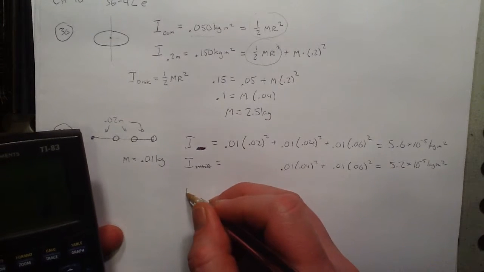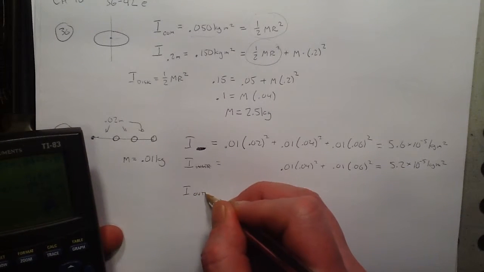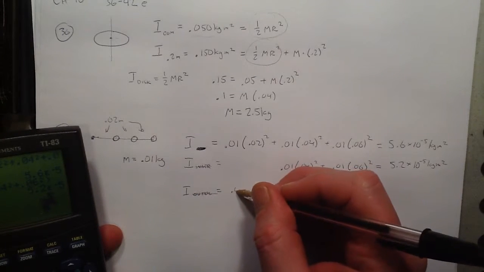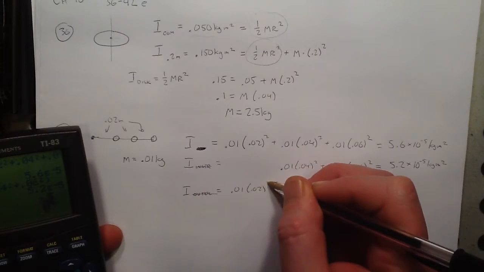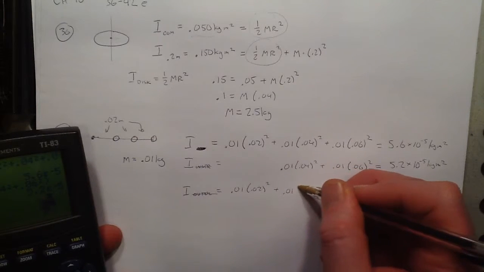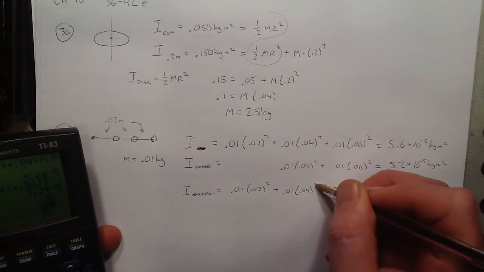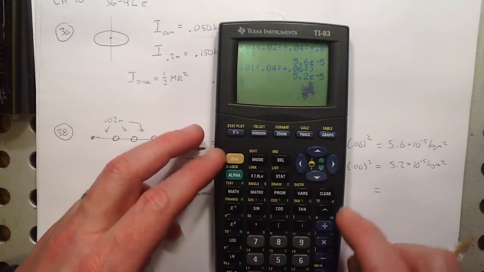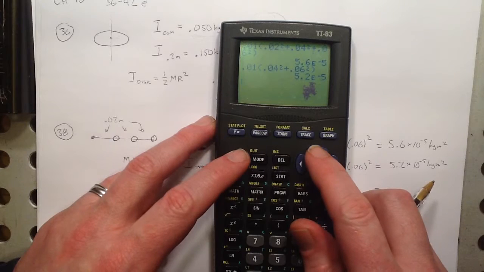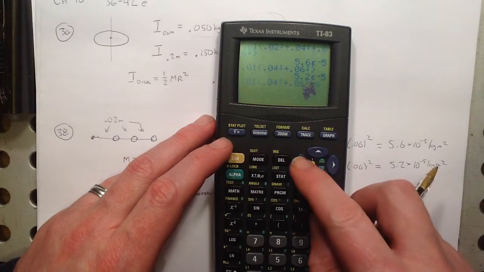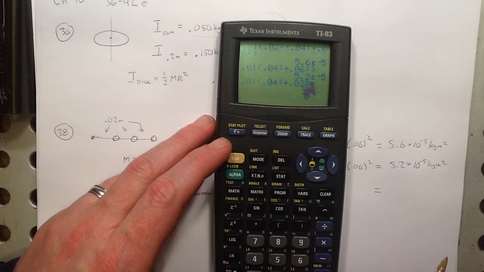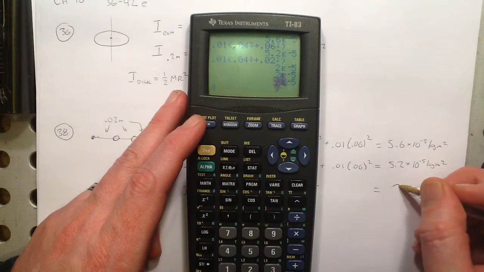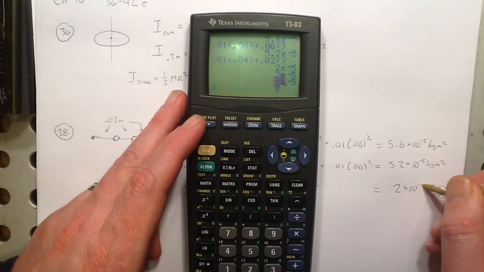And if I remove the outermost, then the total rotational inertia will look like that. I can get that, just change this one to 2, and that is 2 times 10 to the negative fifth.